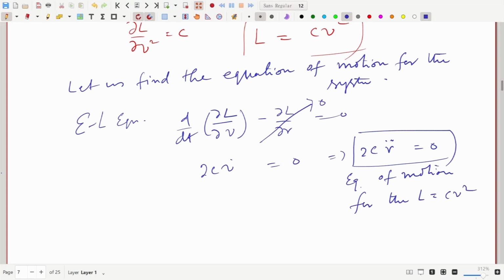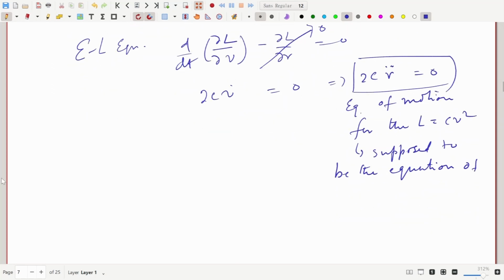This Lagrangian C v², which we claim to be the equation of motion for a free particle.